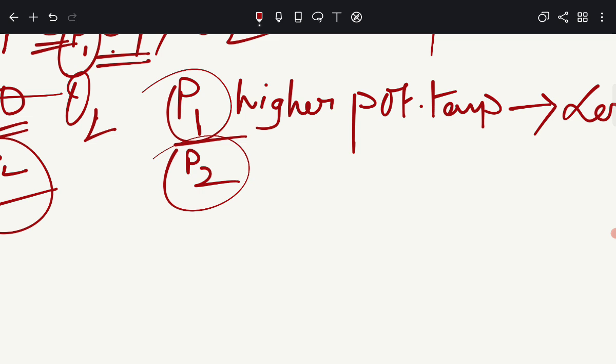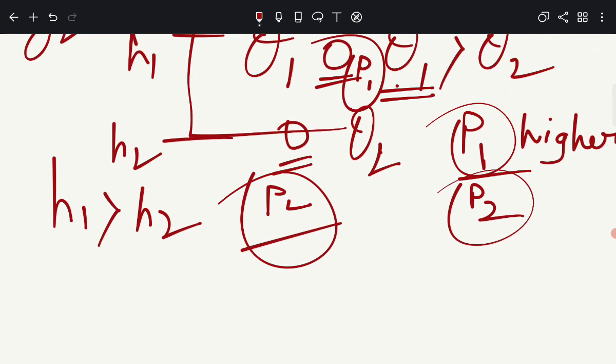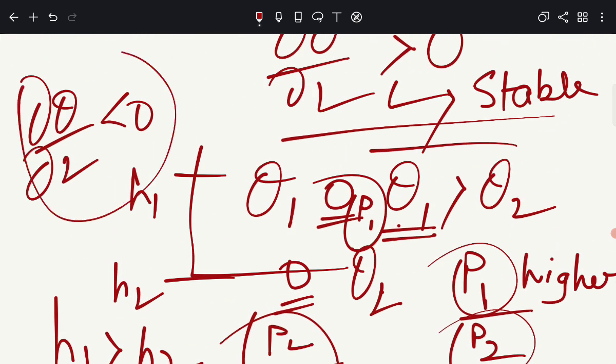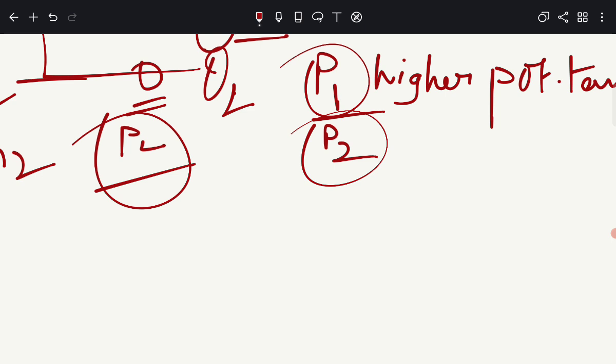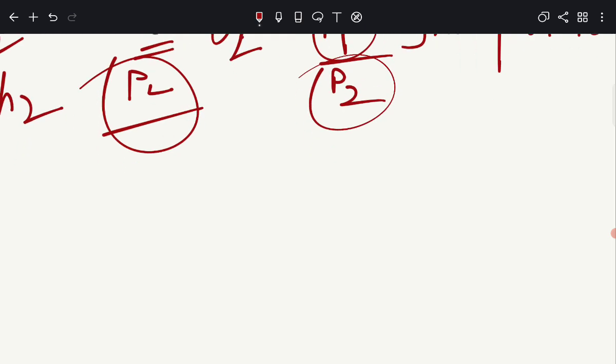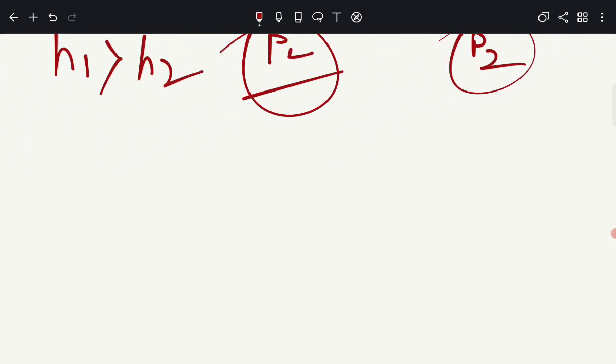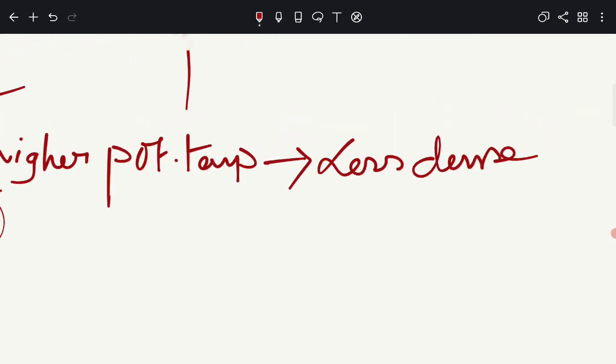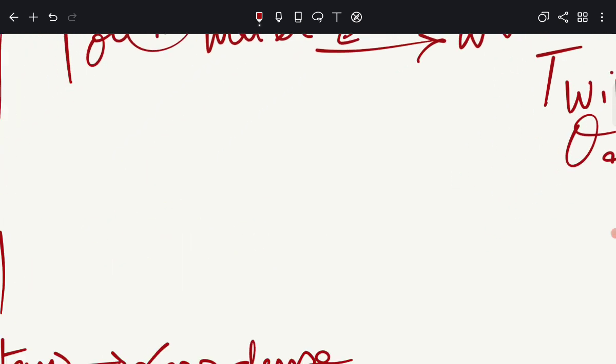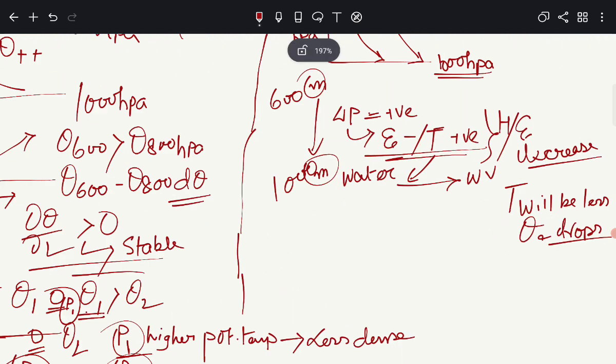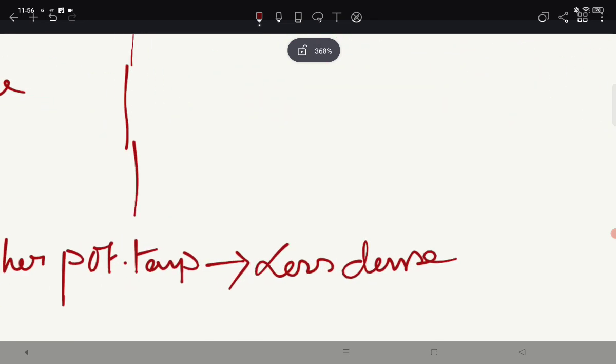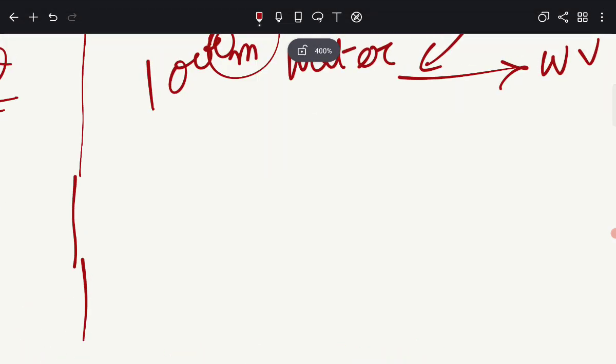condition or stable position. But if d theta by dz, as we told, is less than 0, that means we have theta1. Again, we have space over here, so we can do the same thing over here.